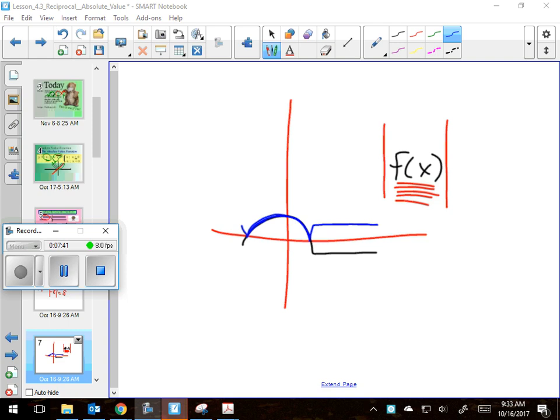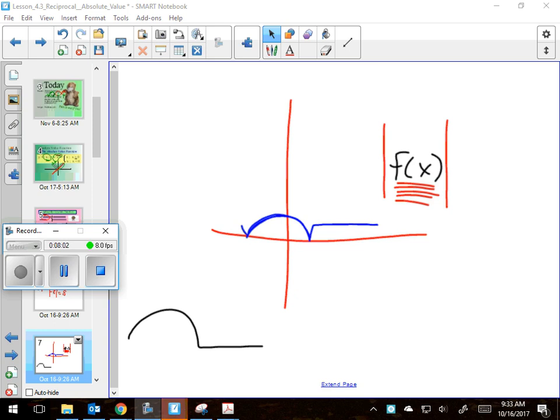My new answer is the blue one. The stuff that was negative got reflected up. The black one's gone. The black one was the original, so I'm going to get that out of there. There is absolute valuing that.